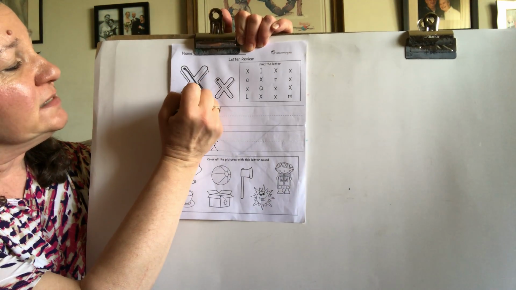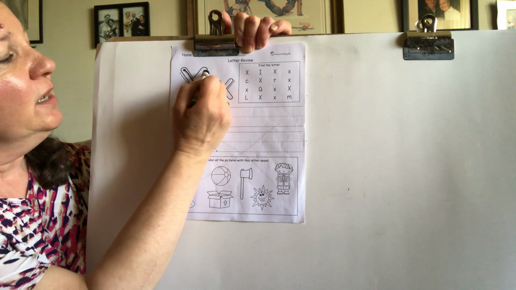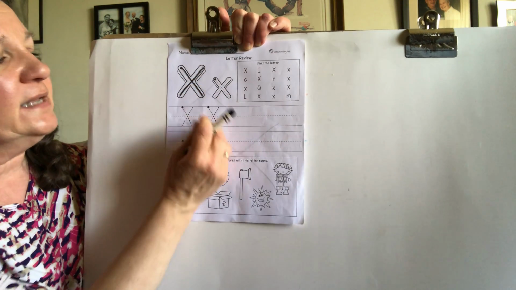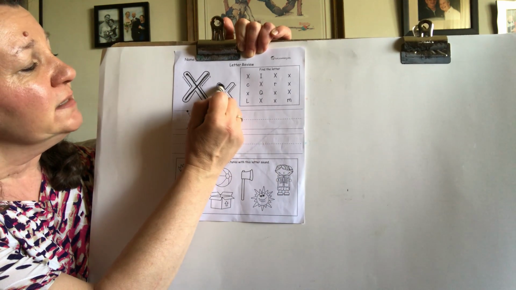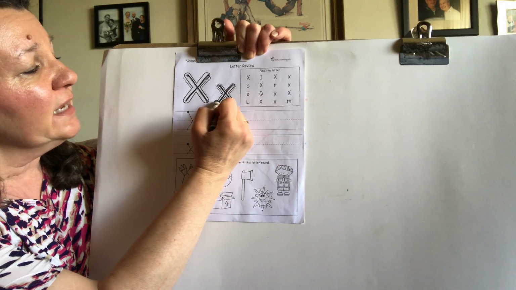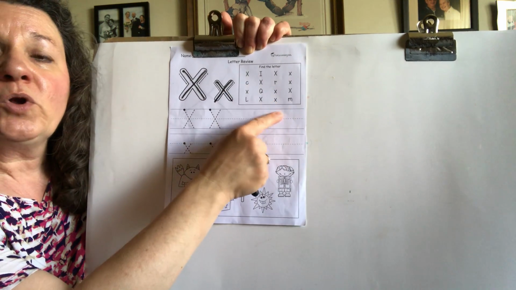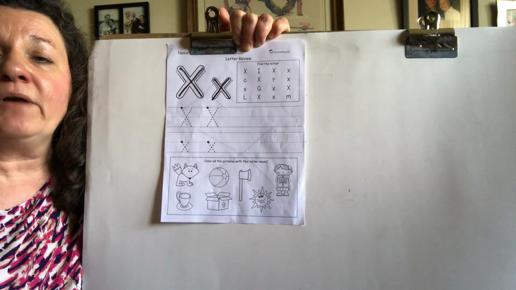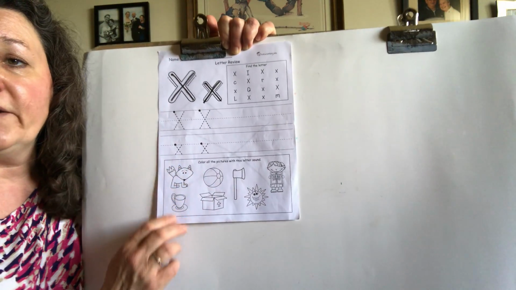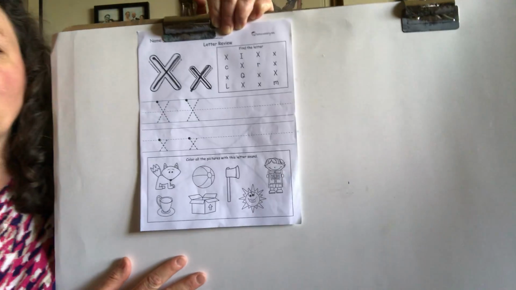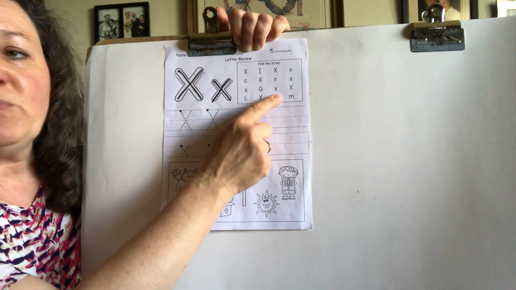You're going to slant to the bottom, pick up your crayon, go to the top, and slant down again. Okay, so that's the letter X. Do the lowercase one the same way. Slant down, slant down. Over here, we're going to search for the letter X, and we're going to circle the letters as we find them. Only the letter X.